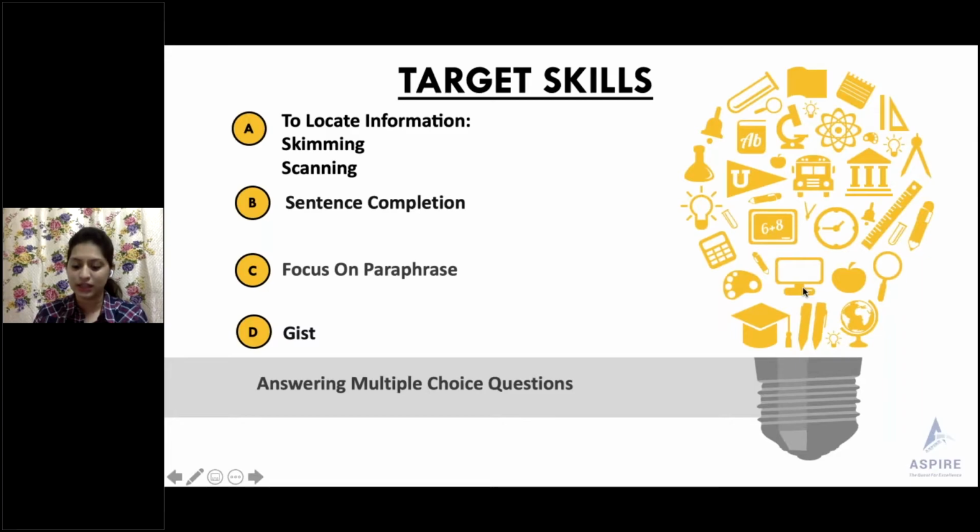Because there is a good chance that when you're searching for the other answers, you might end up finding an answer for the question that you left in between, or you just end up reading the entire text by the time you reach the last question. So by then you'll have a better idea as to which extract the answer lies in. So sentence completion.